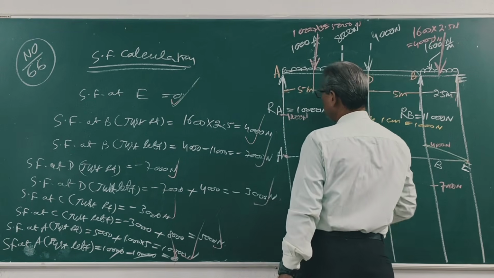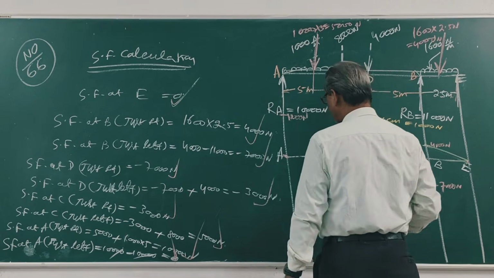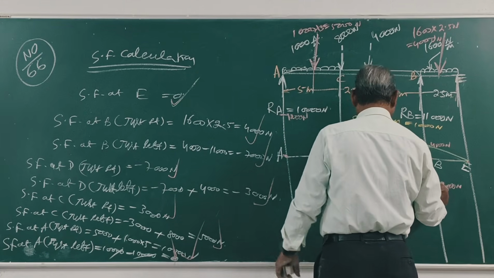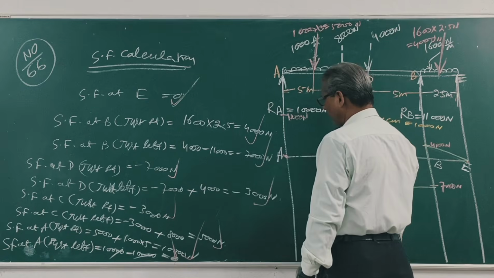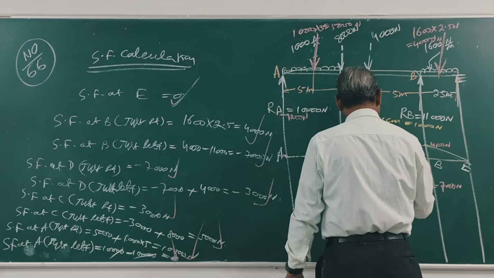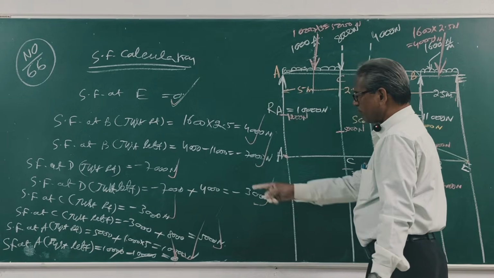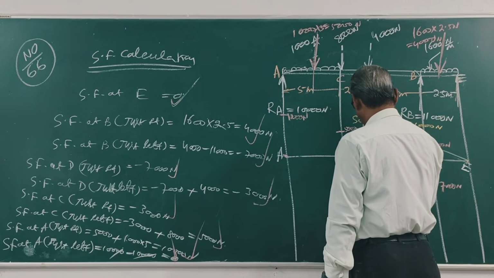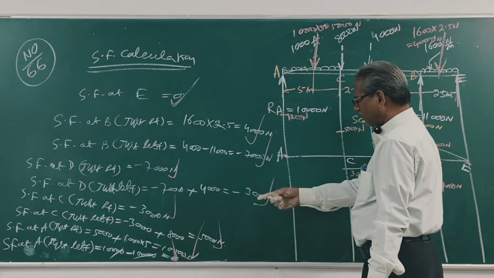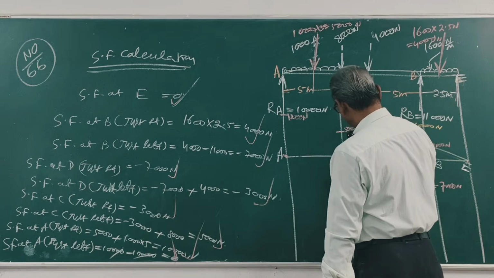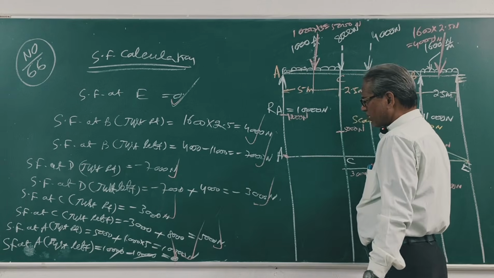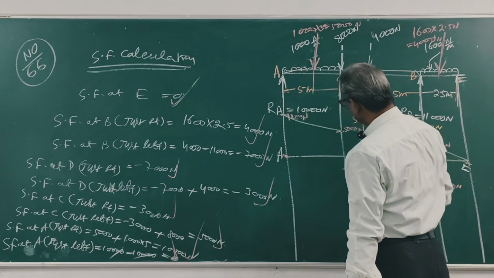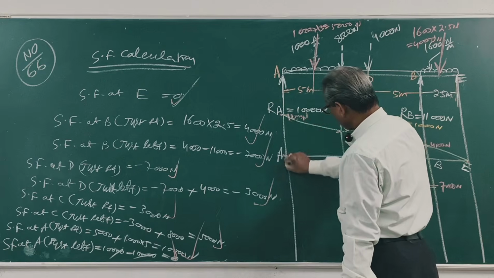Next, 7000 minus, then 7000 minus, then 3000 minus. Clear? Again, at C right 3000 minus, at C left 5000 plus, at A right 10,000 plus, at A left 0.